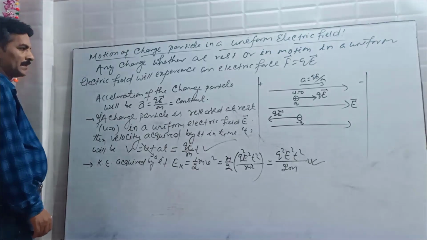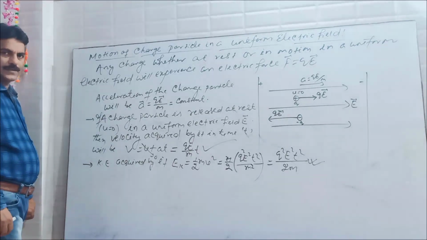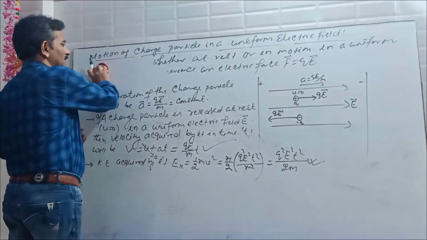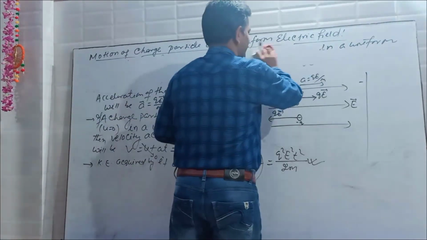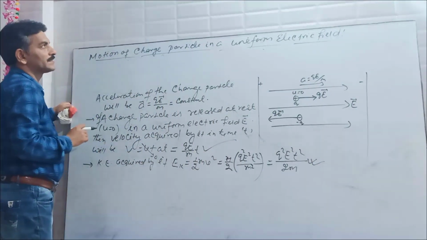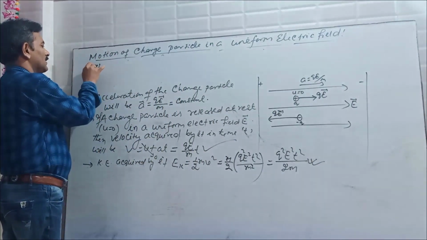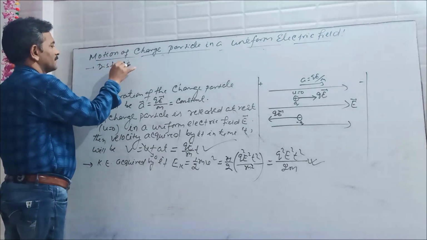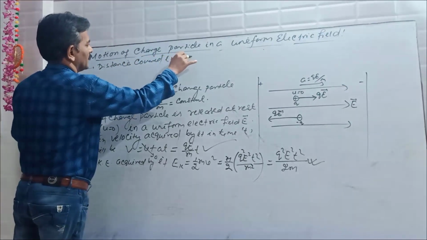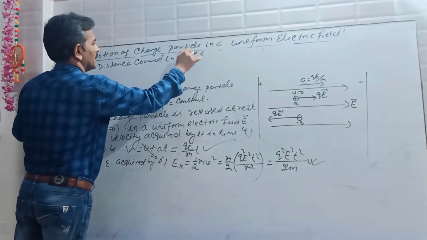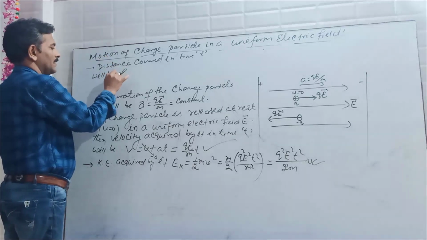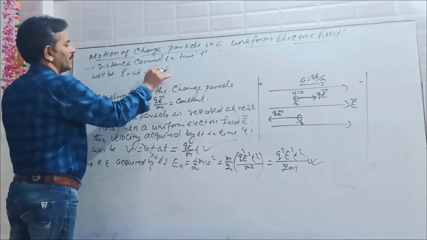Then the distance or displacement covered by the charged particle in time t will be s equal to ut plus half at square.